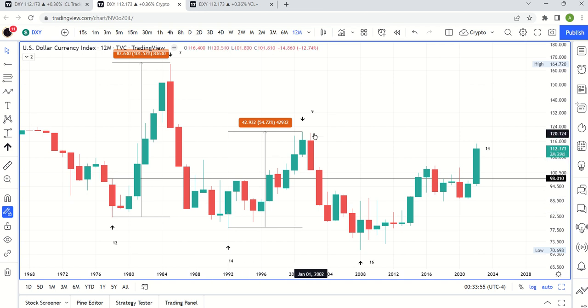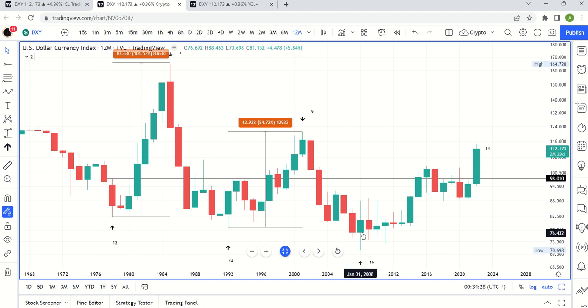All this to say, this is the largest time frame cycle you can kind of, well, there are larger cycles if you want to even look at the S&P going back to like the Great Depression. But if you think about it, this is the quote unquote 15-year dollar index cycle. So we got this top on year 9, and then we drop into our low in 2008, year 16, right?